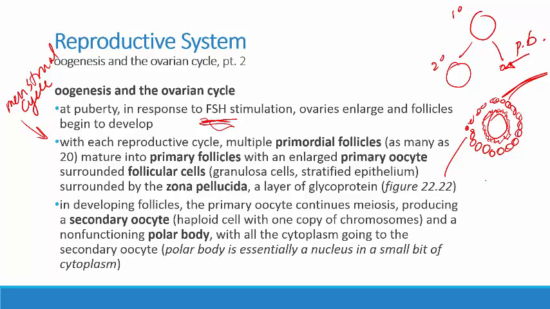If multiple follicles begin, only one of them will be selected as the follicle of the month. By that time, the non-selected ones will begin to degenerate, and the follicle of the month will go through its first full cell division, producing a single polar body and a secondary oocyte sitting inside of its follicle.